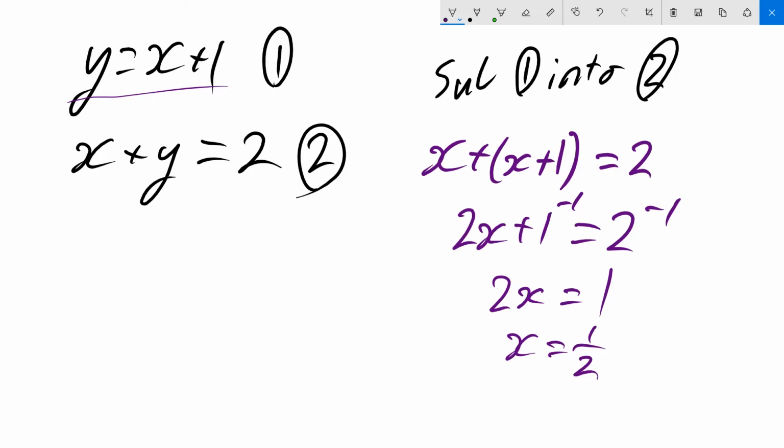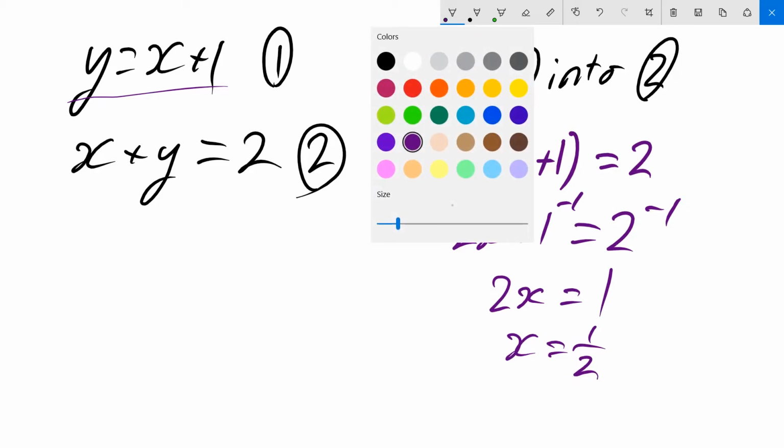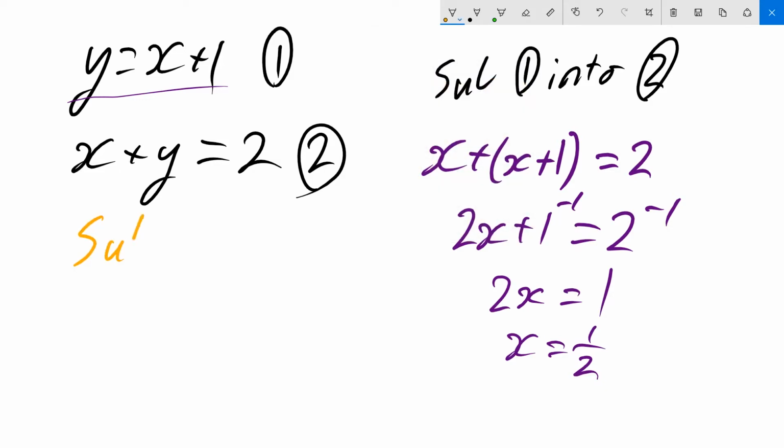Then we can sub this, sub x equals 1/2 into equation 1, so that way we can get y very easily.